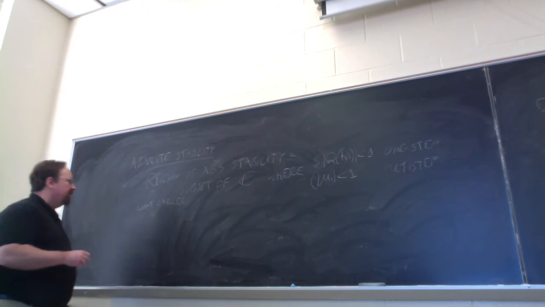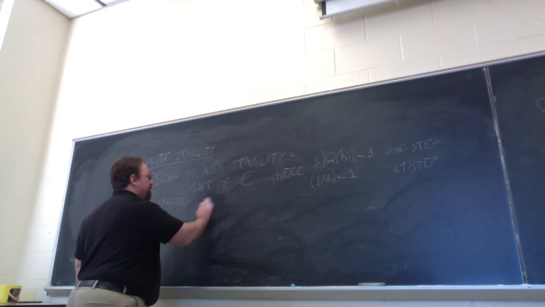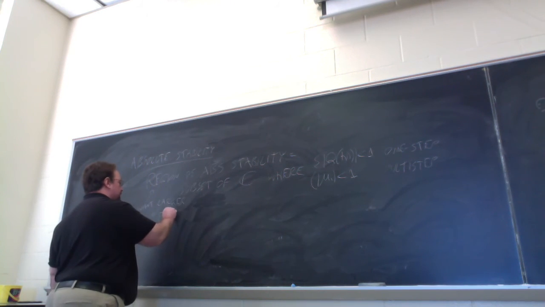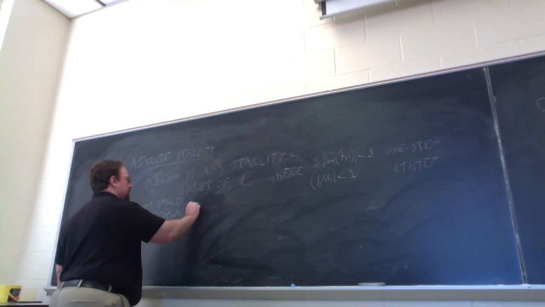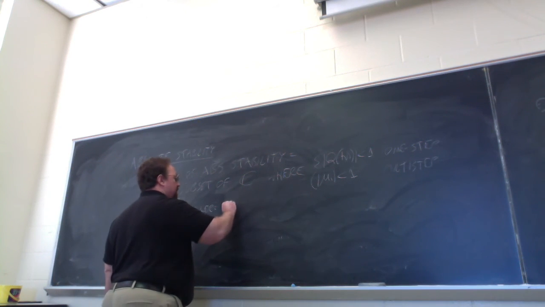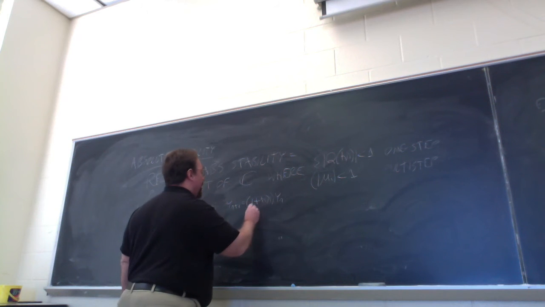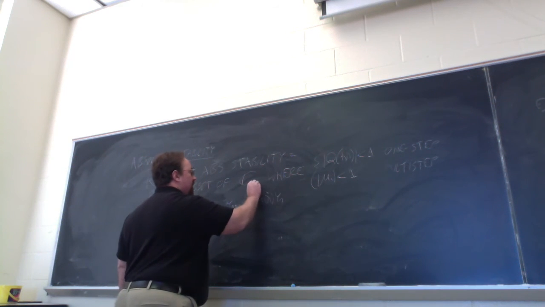Now for example, forward Euler: you have y n plus 1 for the test equation is 1 plus h lambda times y n. This is your q of h lambda.